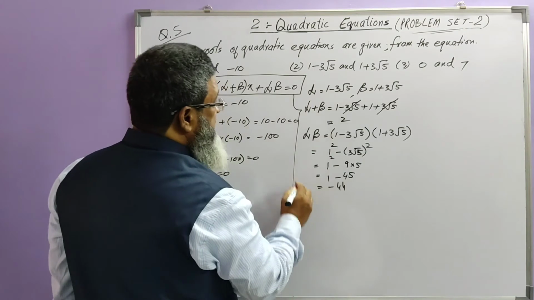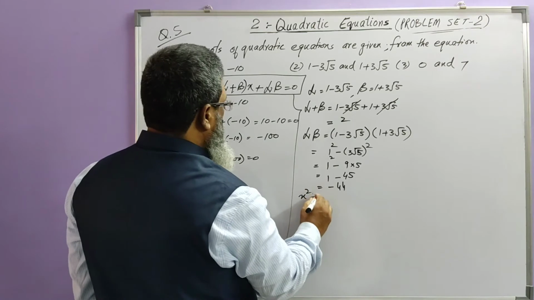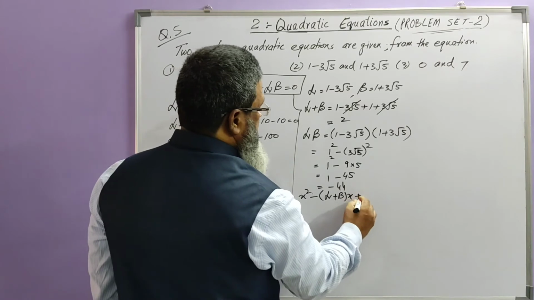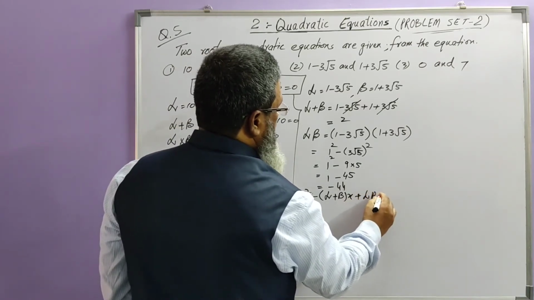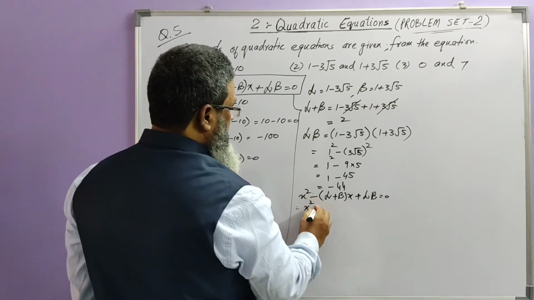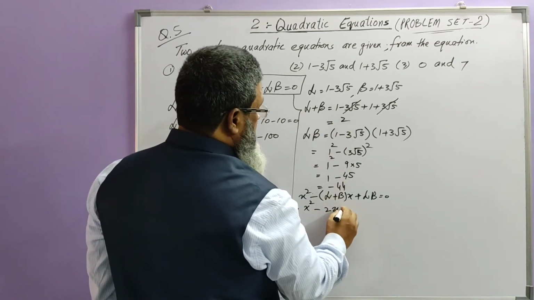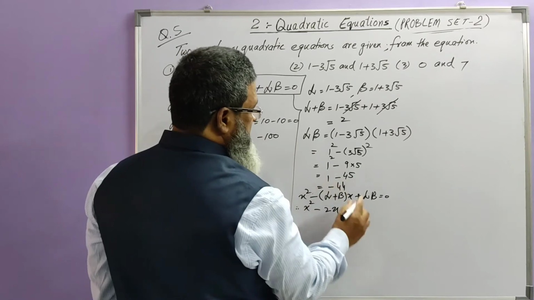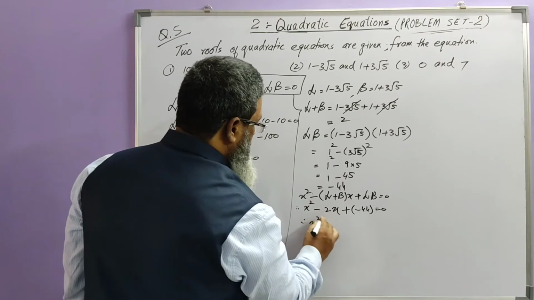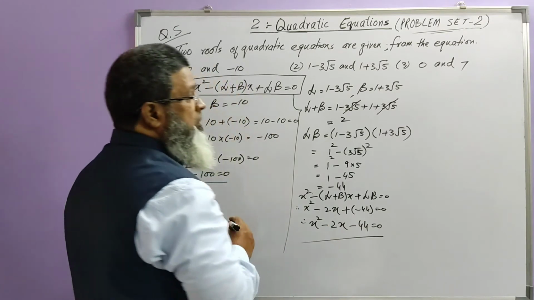Now put the value in the equation form, that is x square minus (alpha plus beta) x plus alpha into beta is equal to 0. Put the value: x square minus (alpha plus beta, which is 2) 2x plus alpha into beta, which is minus 44, is equal to 0. Therefore x square minus 2x minus 44 is equal to 0.